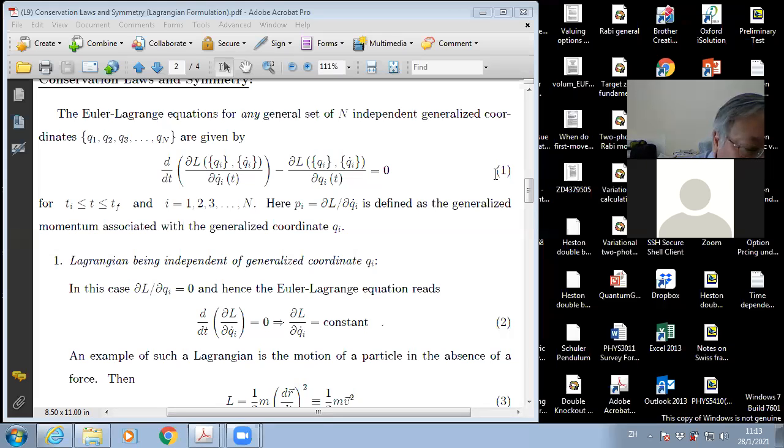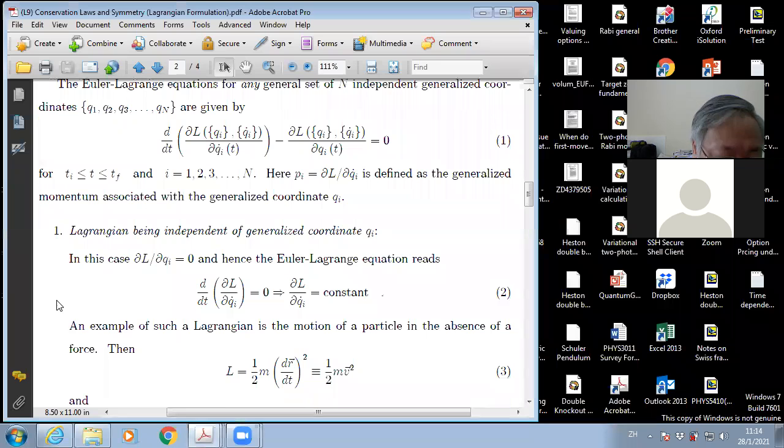The first example is a Lagrangian which is independent of generalized coordinate qi. In this case, we know that ∂L/∂qi must vanish.